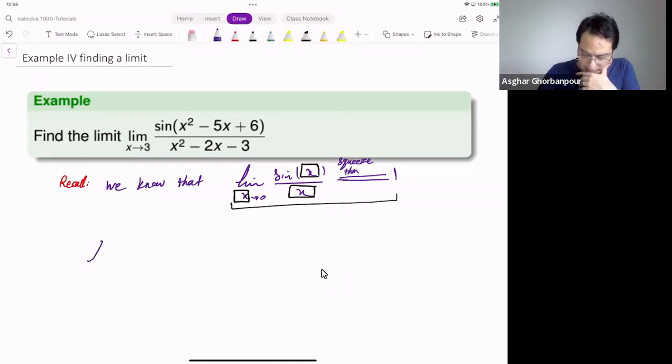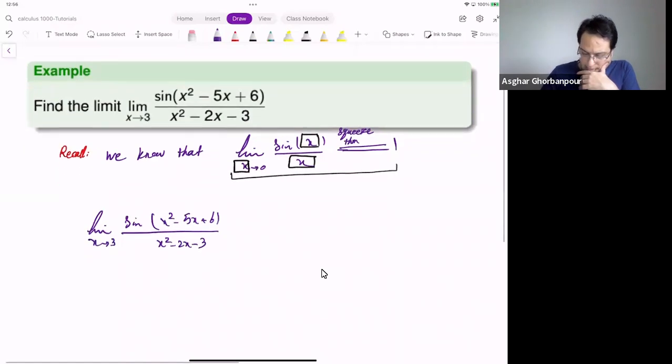So I have sine of x squared minus 5x plus 6 over x squared minus 2x minus 3 as x goes to 3. As x goes to 3, the limit of the denominator is what?